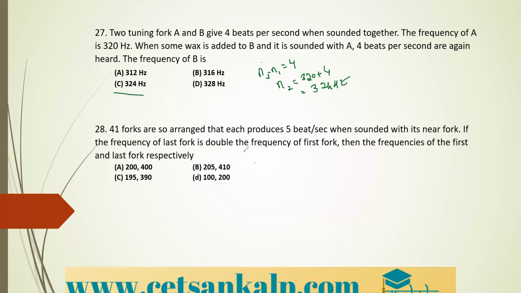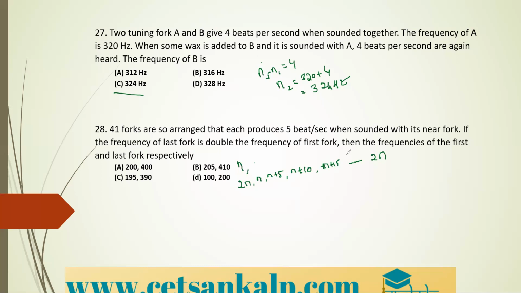If we consider the frequency of the first fork as n, and the frequency of the last fork as 2n, then according to AP we can write it as n, n plus 5, n plus 10, because it is producing 5 beats per second, n plus 15, and so on up to 2n. This is in the form of an AP.